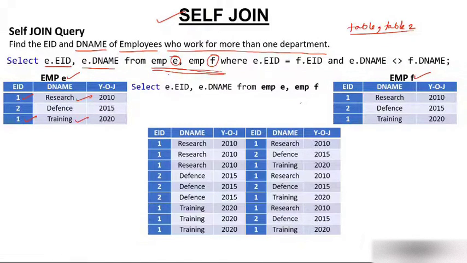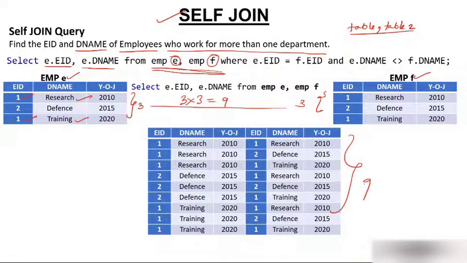Cross join. I've explained cross join very clearly in my previous video, but if you still don't know, let me tell you. Here we have 3 rows and here we have 3 rows. These 3 rows will have a combination with each other. So 3 cross 3 will be 9 rows, and you can clearly see this table has 9 rows.